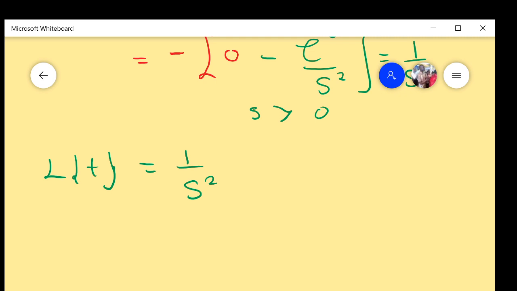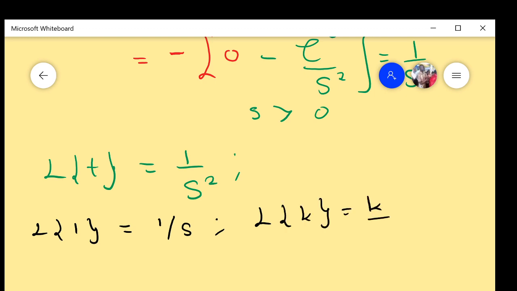So don't forget, so far we've said the Laplace of 1 is 1 over s. Then the Laplace of k, which we did, was k over s. Then we also looked at the Laplace of e to the power at, which is equal to 1 over s minus a.